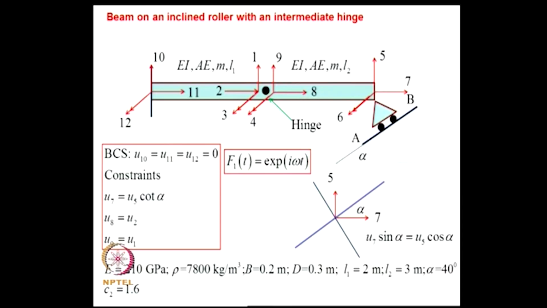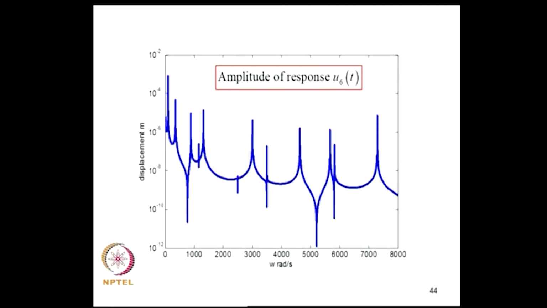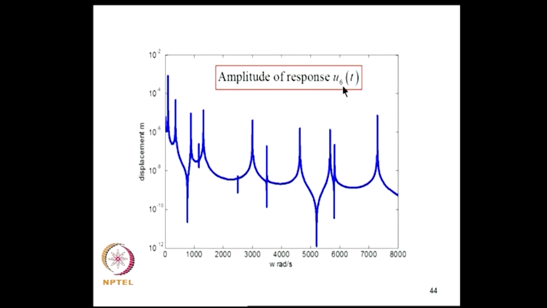So, you can form the 6 by 6 dynamic stiffness matrix using the dynamic stiffness matrix that we have derived just now, and go back to the finite element mass and stiffness matrices, and this is the result that I have got from using the dynamic stiffness matrix approach for displacement, that is amplitude response of u1 of t and u6 of t. Okay. So, I leave it as an exercise for you to compare these results from 6 degree of freedom finite element model and this approximation.